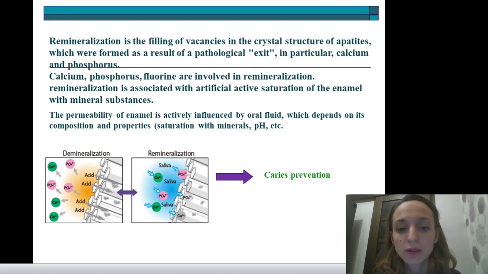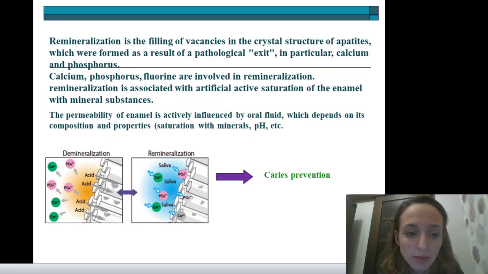Remineralization is the filling of vacancies in the crystal structure of apatites, which were formed as a result of pathological exit, in particular of calcium and phosphorus. Calcium, phosphorus and fluoride are involved in remineralization. Remineralization is associated with active saturation of the enamel with mineral substances.